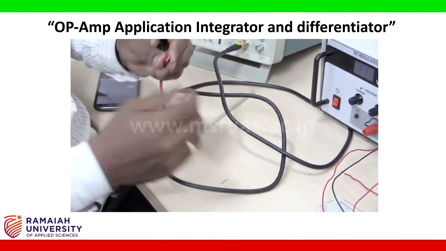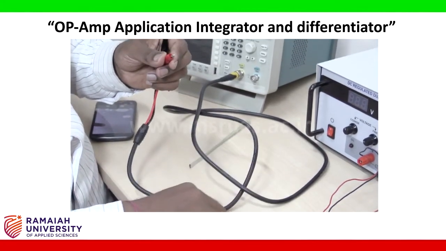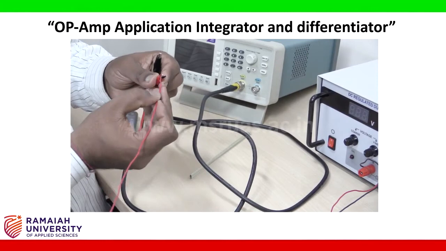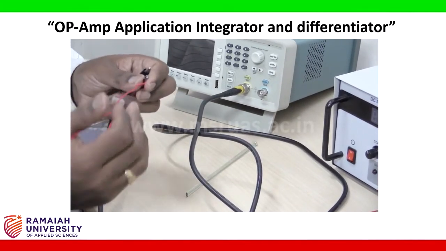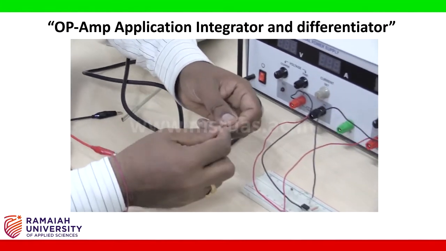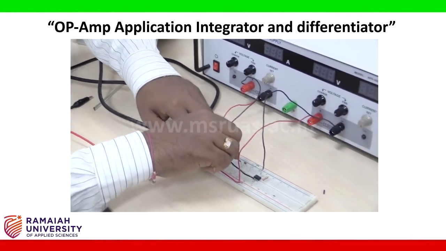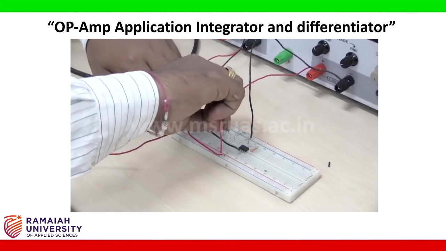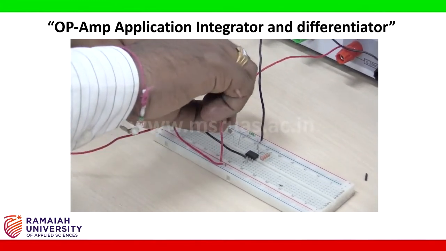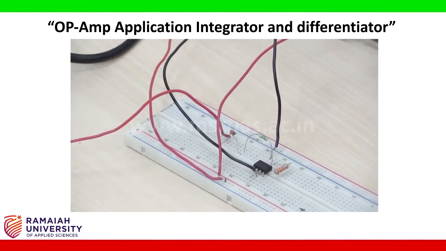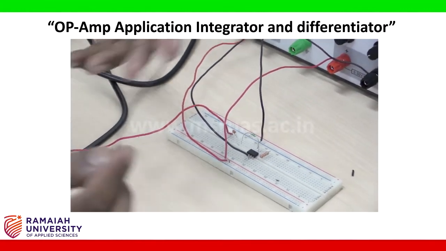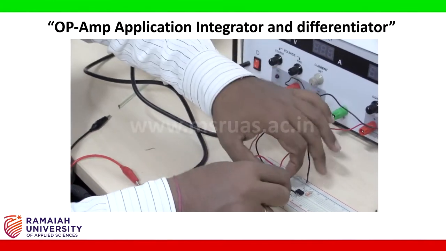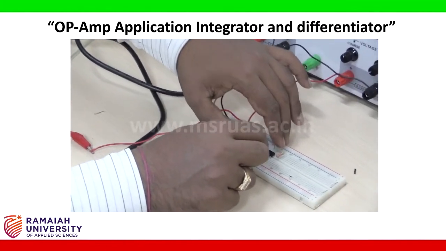Signal generator one wire, I will connect it to the positive, the wire that will be connected to this input, and I am taking a small wire to connect pin number 3 to ground.